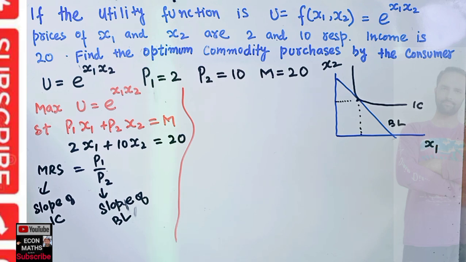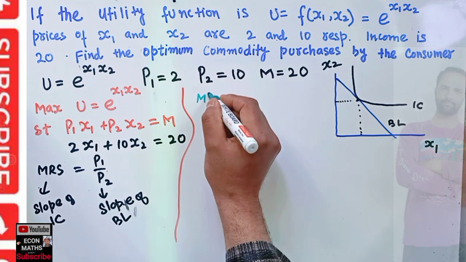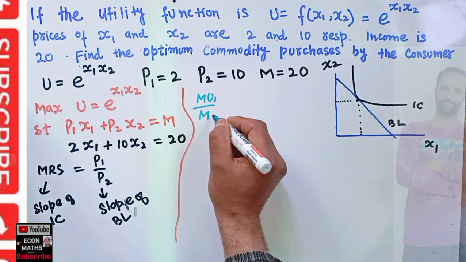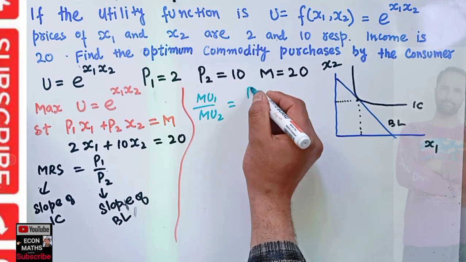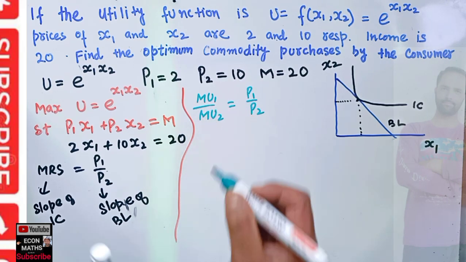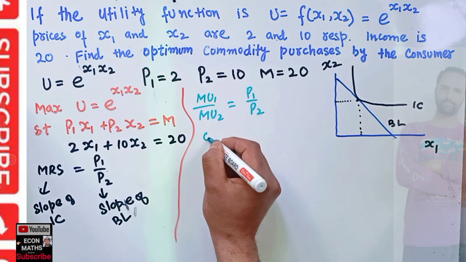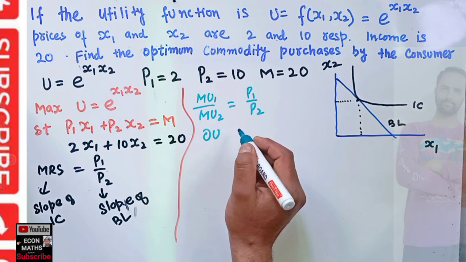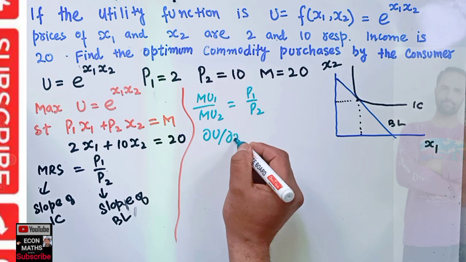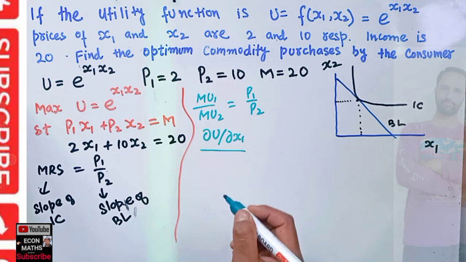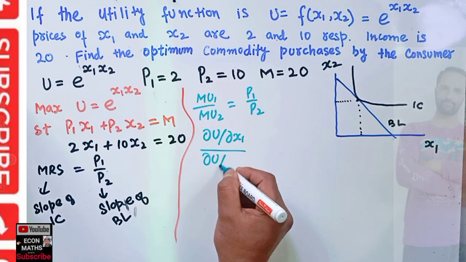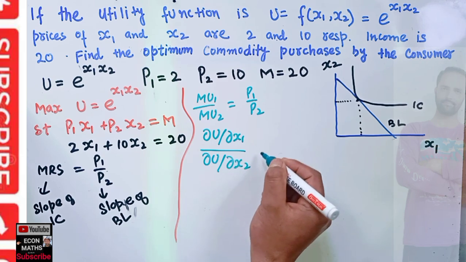Now MRS is simply the marginal utility of good 1 upon the marginal utility of good 2, which should be equal to p1 upon p2. Marginal utility of good 1 means the partial derivative of the utility function with respect to x1, and marginal utility of good 2 means the partial derivative with respect to x2.